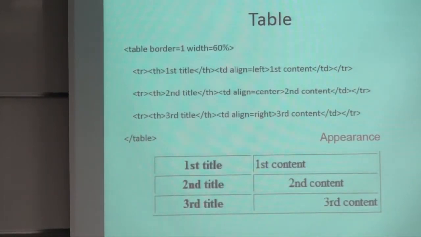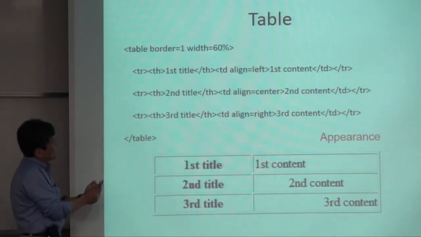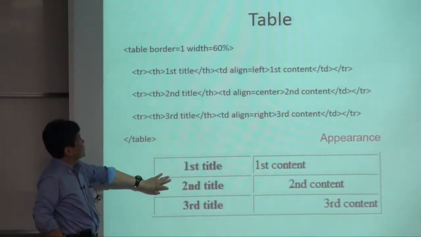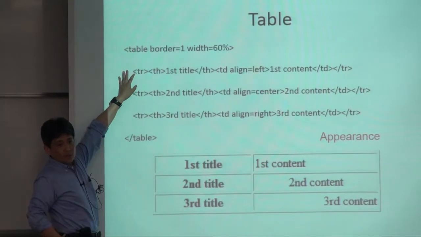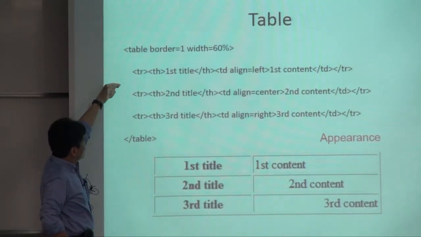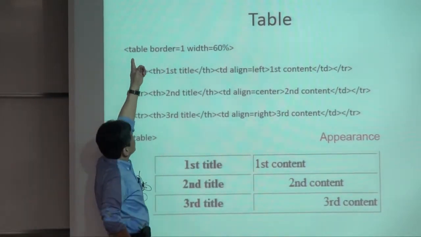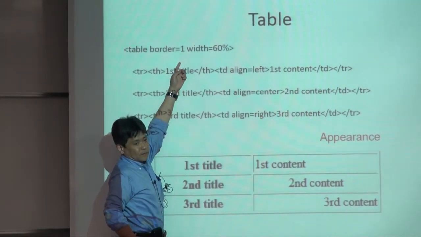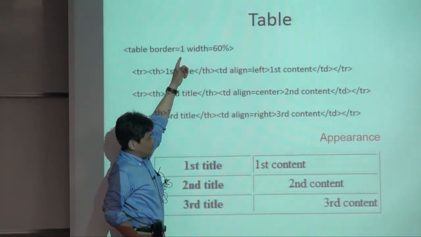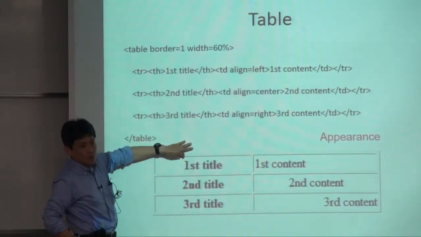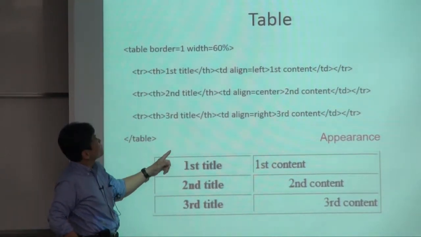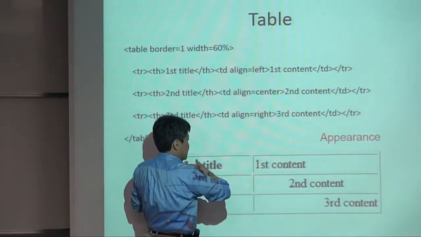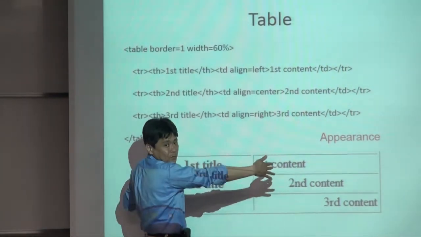And the table. So you can make this page using these table tags. Using a border parameter, in this case 1, the border width is 1 point, and width is the actual size of the table.